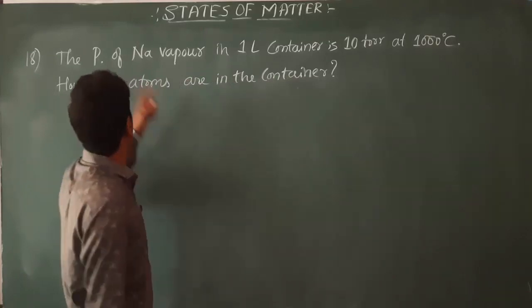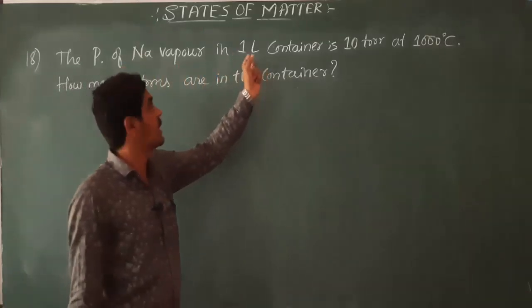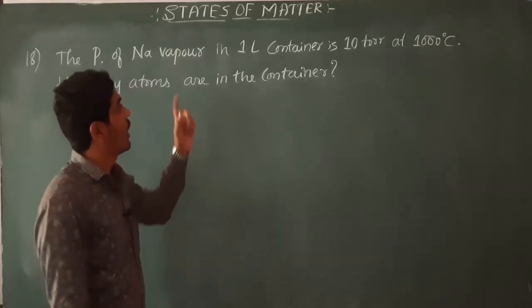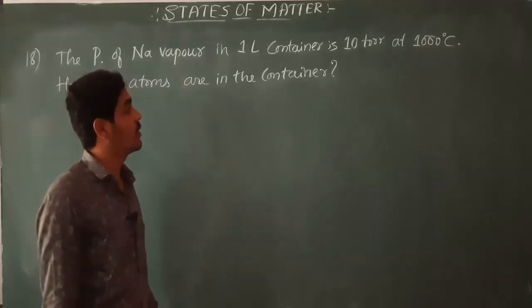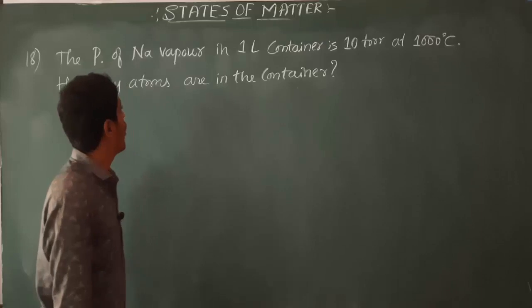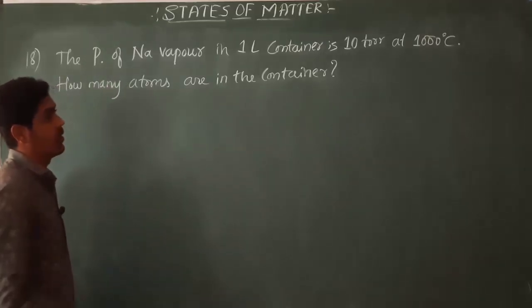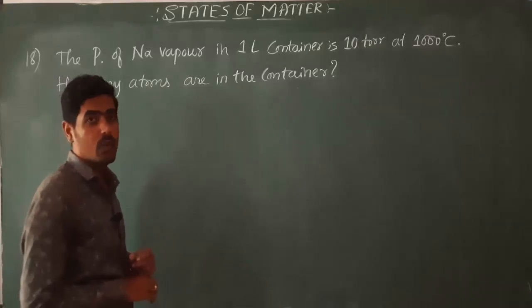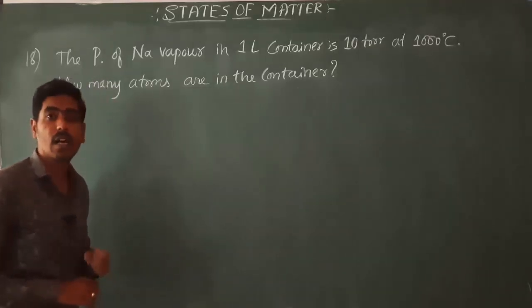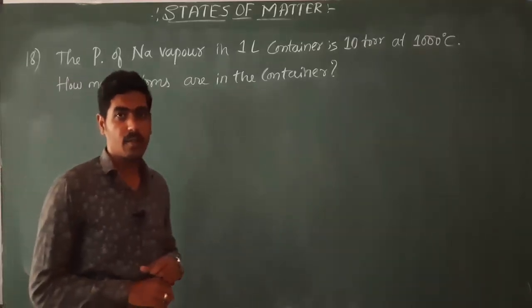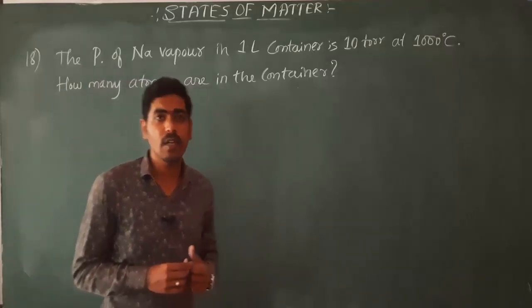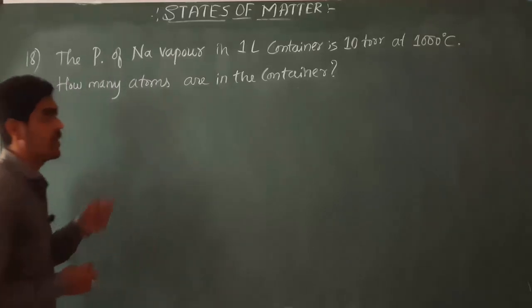If sodium vapor is present in a 1 liter container at 10 torr, at a temperature of 1000 degrees Celsius, how do you find the number of atoms? Before finding the number of atoms, you should know the number of moles present in that container. After getting the number of moles, you will get the number of atoms. So first find the number of moles.